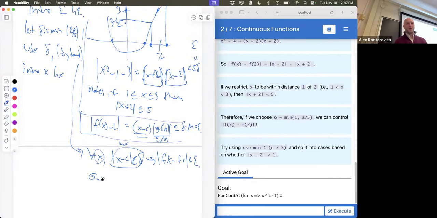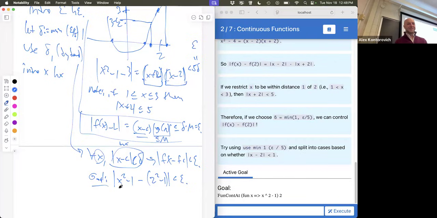So our new goal will be the absolute value of x squared minus 1 minus what? Yes, exactly, where c is 2. Minus 2 squared minus 1 is less than epsilon.